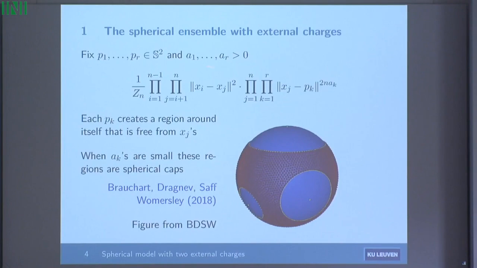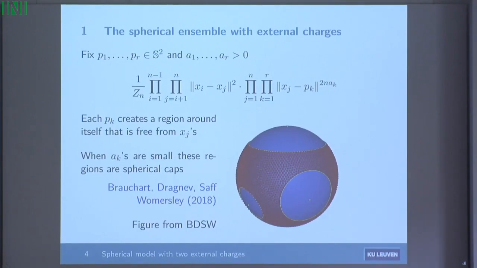With certain strengths A1 up to AR, right? And this picture is taken from a paper of Brauchart, Dragnev, Saff and Womersley that appeared just last year. Each of these external charges will create a region around it that's free from the other charges.